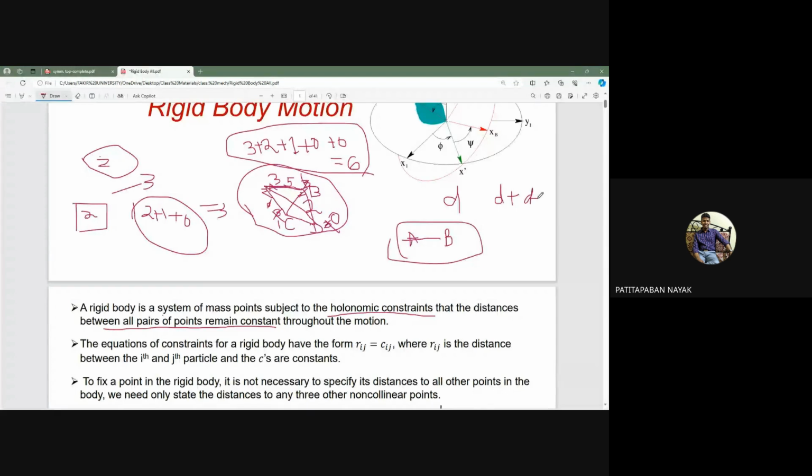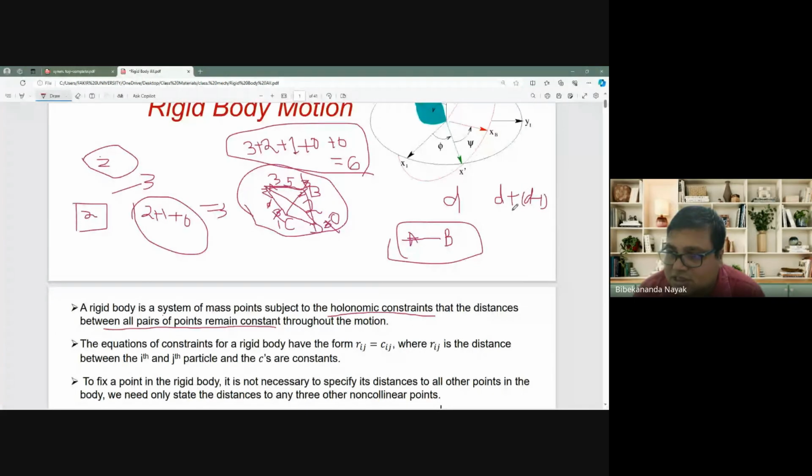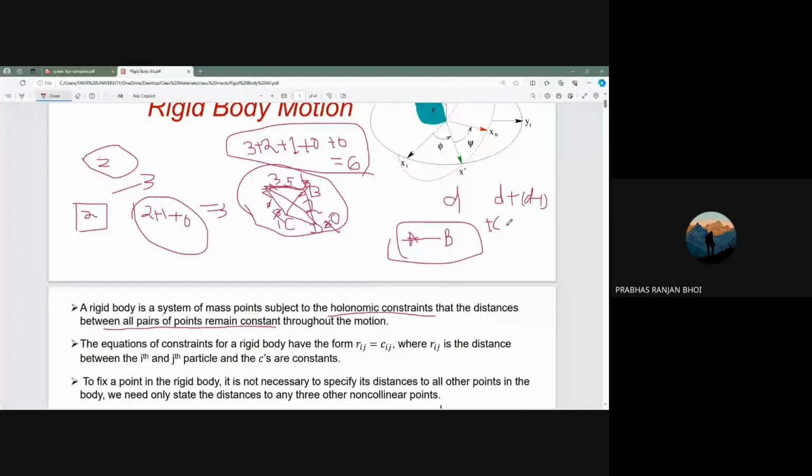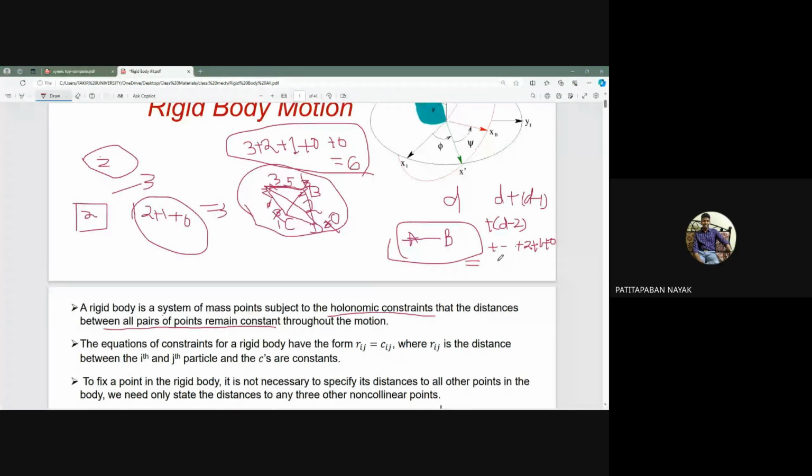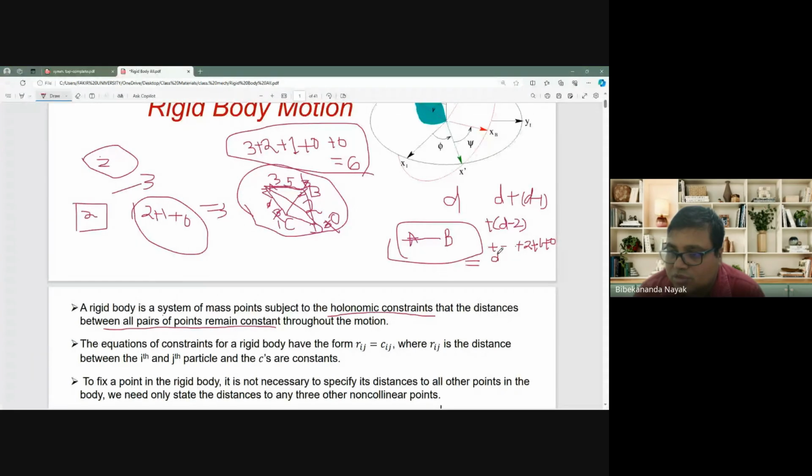Similarly, for the next D minus 2, and so on up to D minus D, which is 0. So this equals, if you add it, 1 plus 2 plus 3 up to D, which is D into D plus 1 by 2.